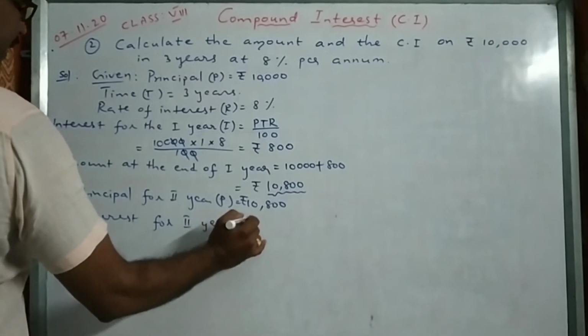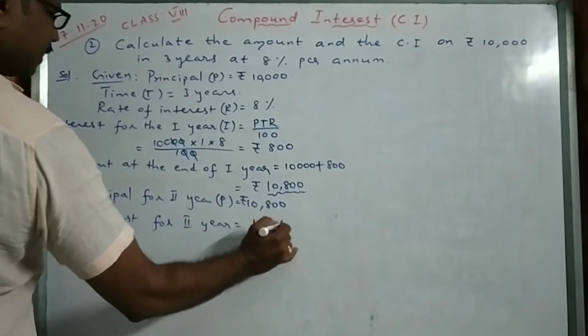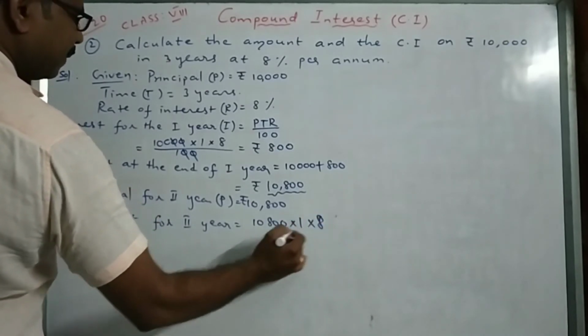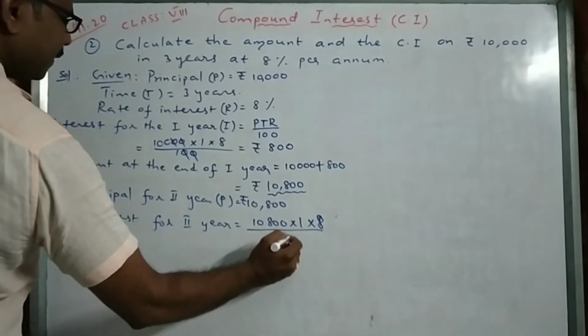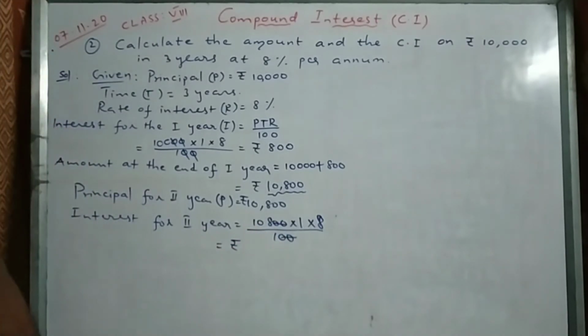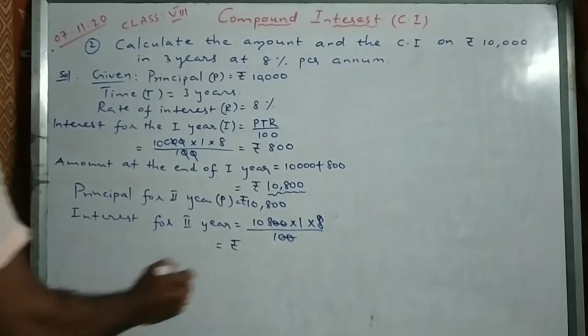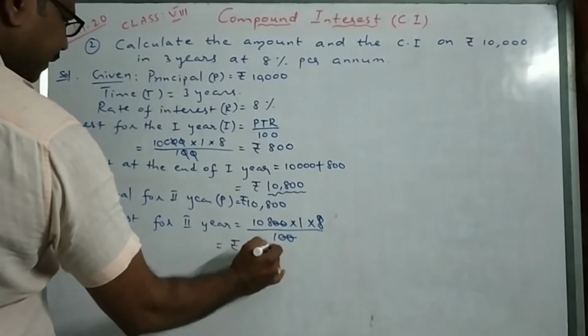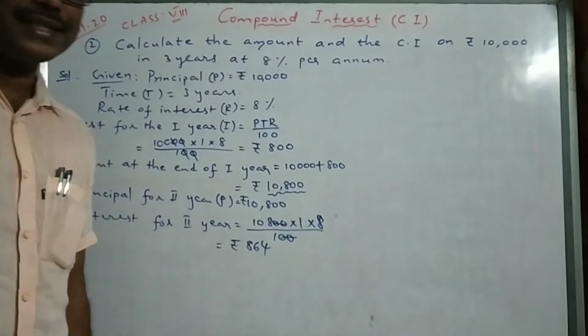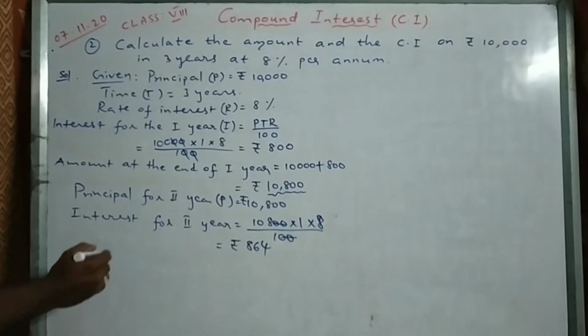Interest for second year. Again PTR by 100, 10,800 into time 1, rate of interest 8% by 100. 2 zeros cancel. So 108 into 8, 864. This one is interest for second year. Now suppose if he wants to pay amount at the end of second year, how much he has to pay?